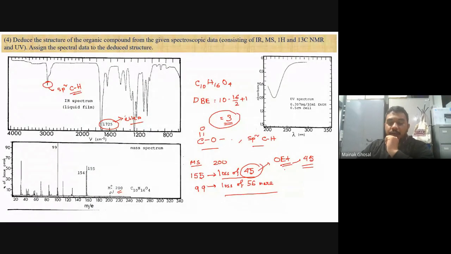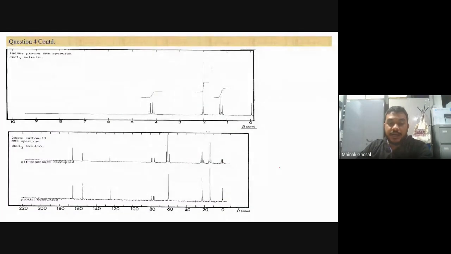Now how to confirm OEt is present? You need to do NMR. In NMR you see there is a quartet at 4.1, there is a triplet at 1.3. So it clearly indicates that an OEt group, OCH2CH3, is present in your molecule.